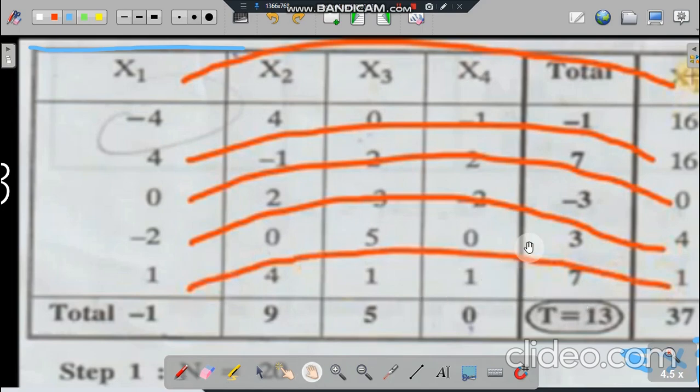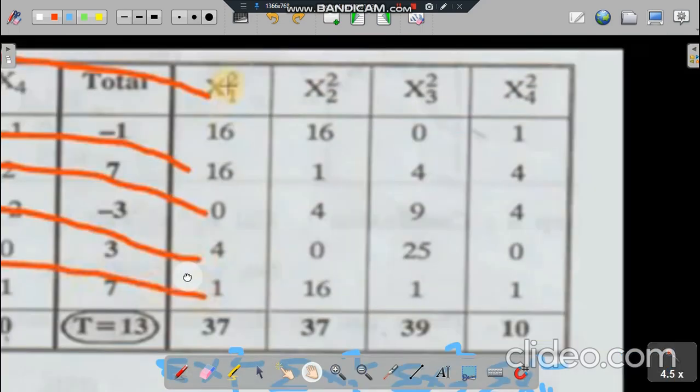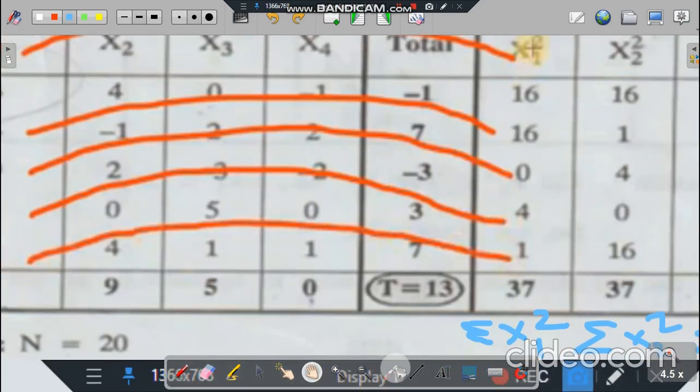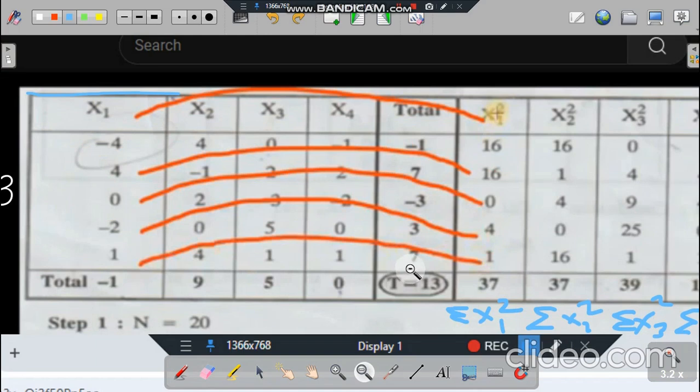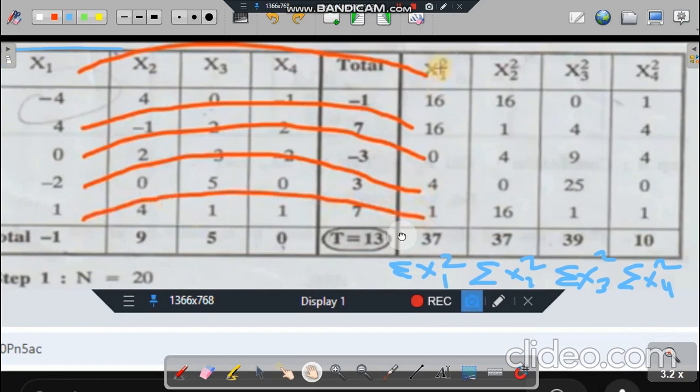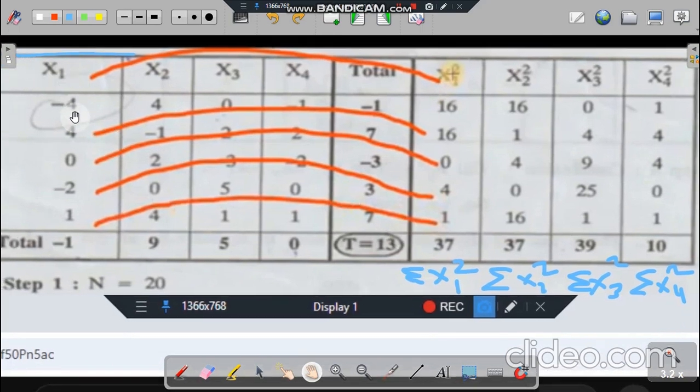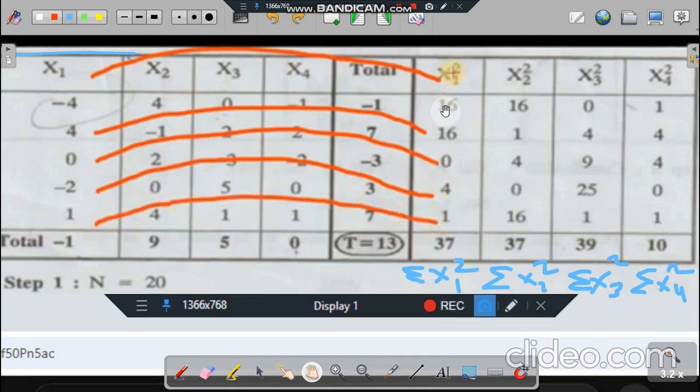Now this side, what we have to do, let me minimize the screen so that you understand well. Now look at that. You are squaring these elements right in here: -4 square 16, 4 square 16, 0 square 0, 2 square 4, 1 square 1.